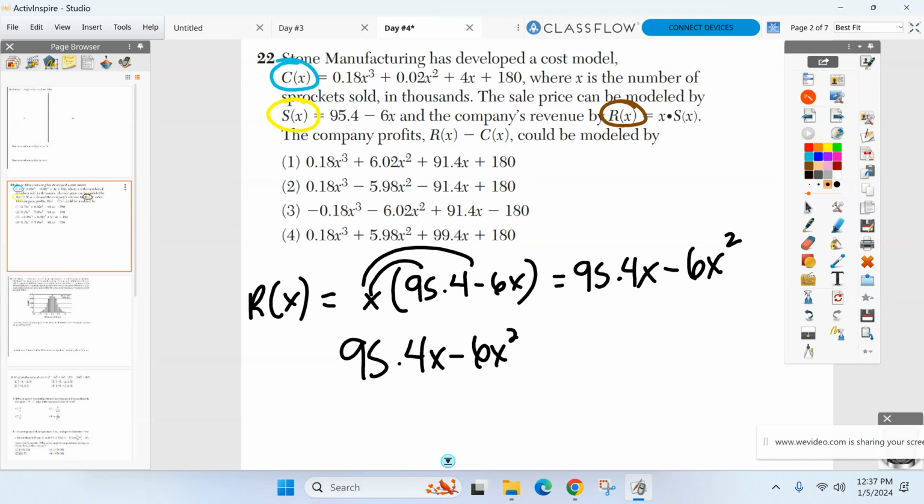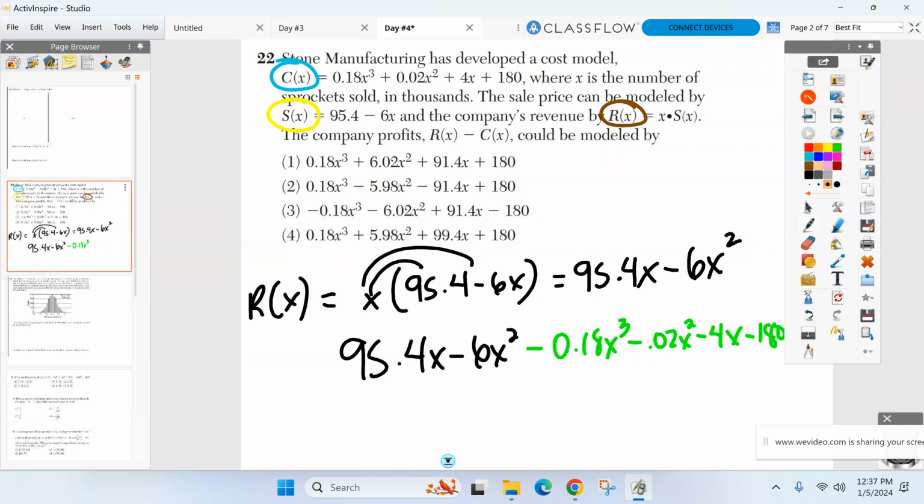So I'm just writing, different color here, minus 0.18x cubed plus, this is incorrect what I'm doing right now, because you have to subtract all of this, which means you need to distribute that negative sign through everything on C of X. So now instead, I should have not plus, but minus 0.02x squared minus 4x minus 180.